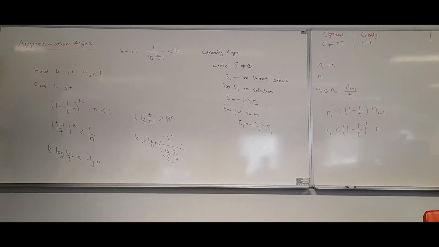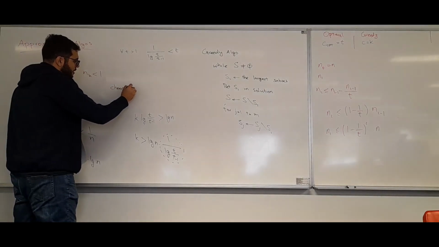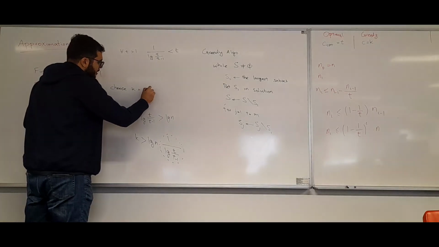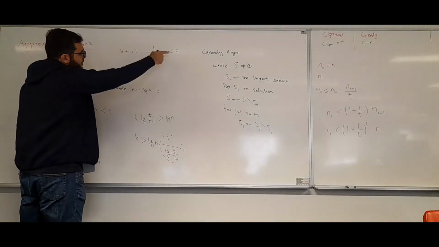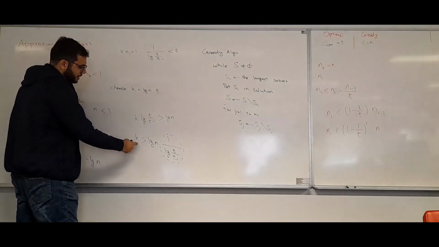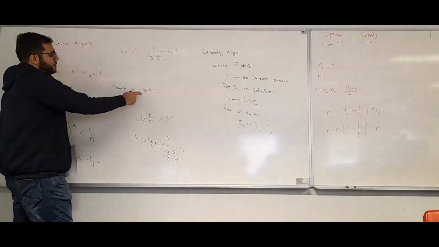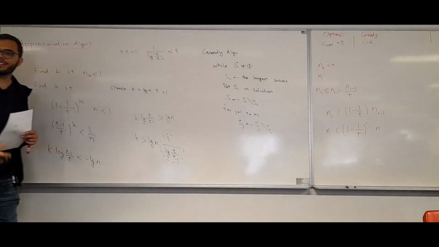Okay, so let's say I choose k to be log n times t, because this thing is smaller than t. I just need something that is larger than log n times this thing. So I just choose log n times t. And let's say I put a +1 just to be sure.